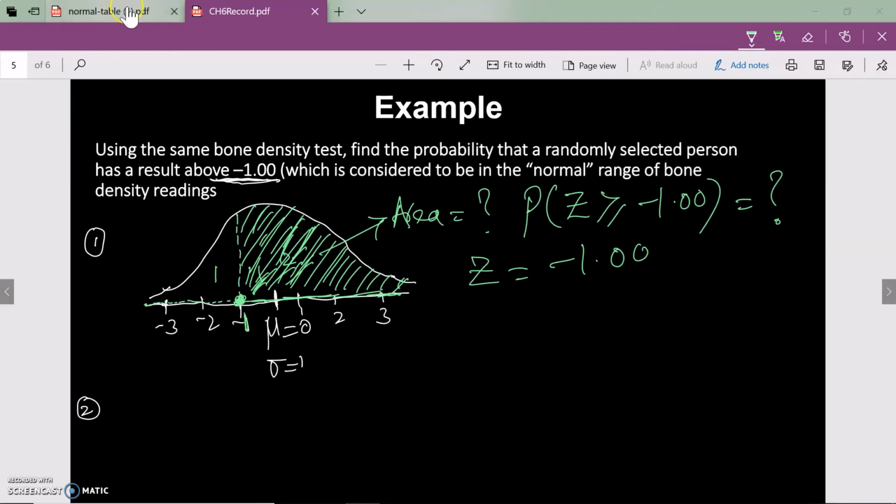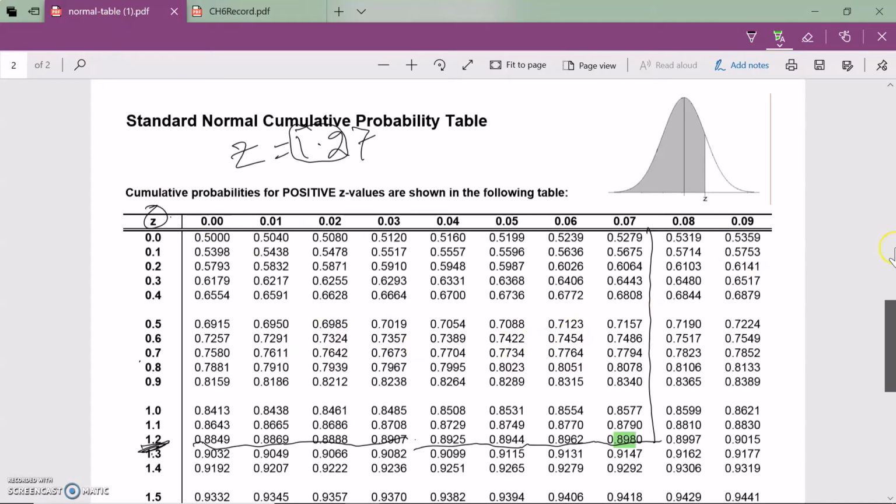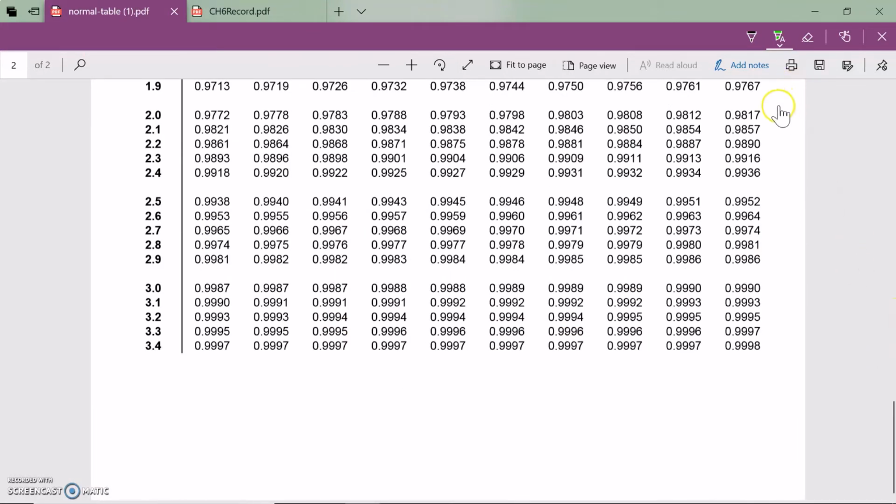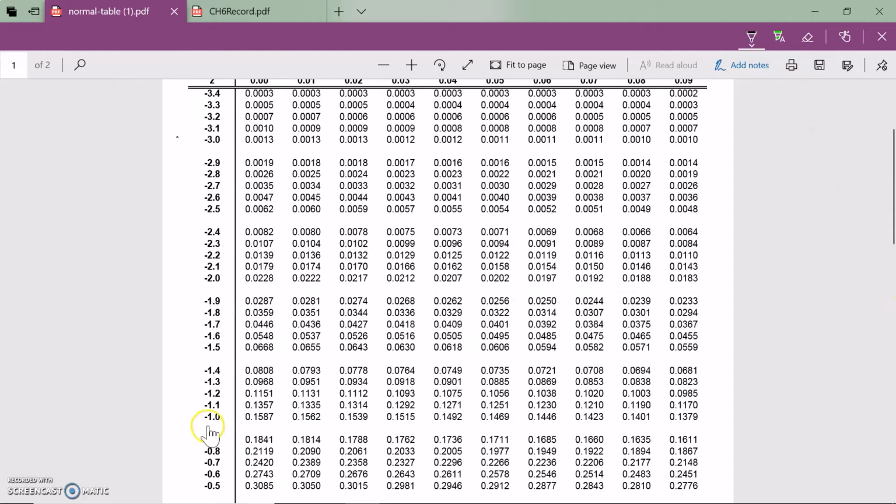So let me go to the table and let's see what we have. We are in this table and look at this z-score. This is a z-score of -1, and look at the top, this is a 0, right? At the intersection of these two values, very simple, here and here, this is the value I'm interested in, 0.1587.